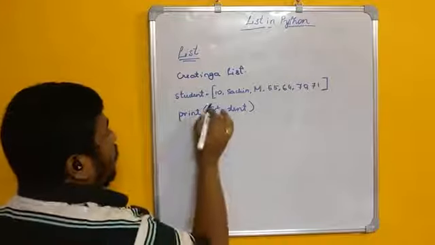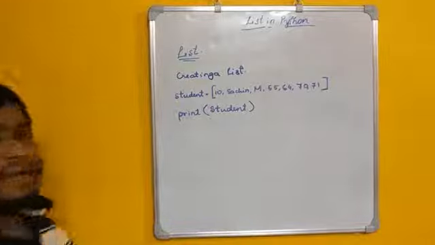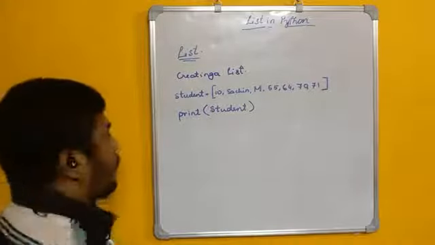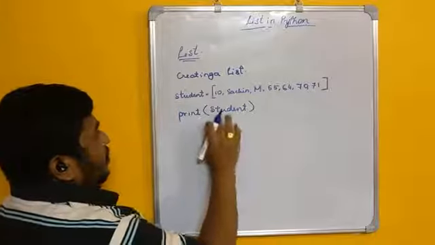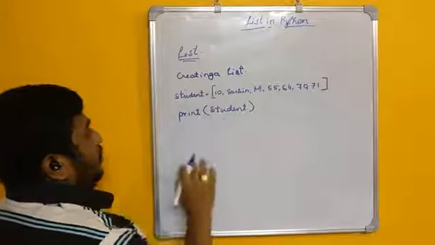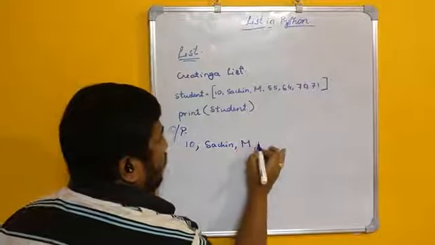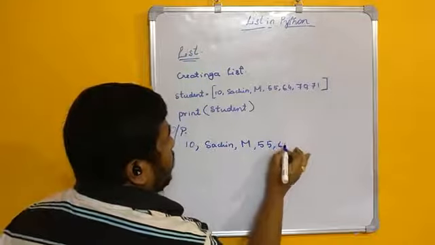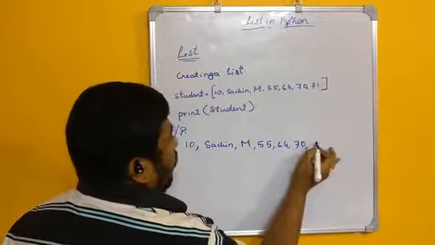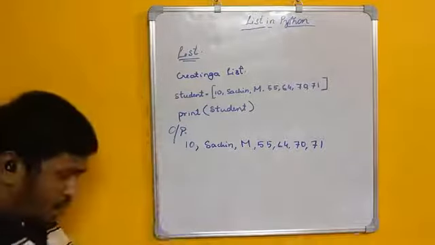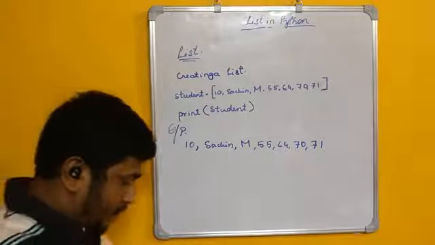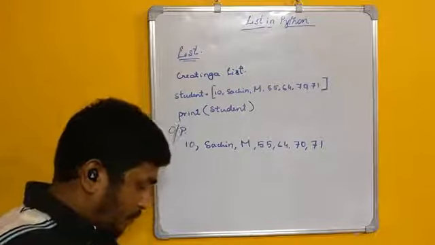I just have to print the list with the list name as the argument. Print student. Our output will be 10, comma, Sachin, comma, M, comma, 55, comma, 64, comma, 70, comma, 71. This is our output.